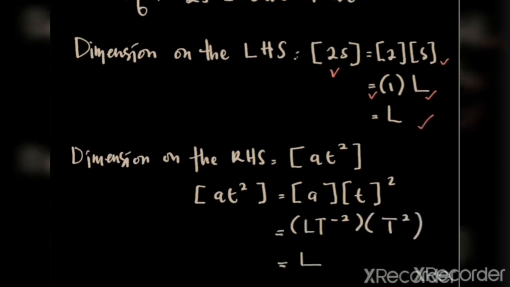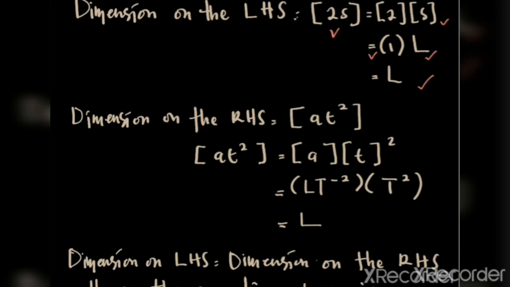For the dimension on the right hand side, the equation is at². So we check the dimension for at². We separate the dimension for acceleration, times the dimension of t². The dimension for acceleration is LT^-2, and the dimension of time is T to the power of 2.